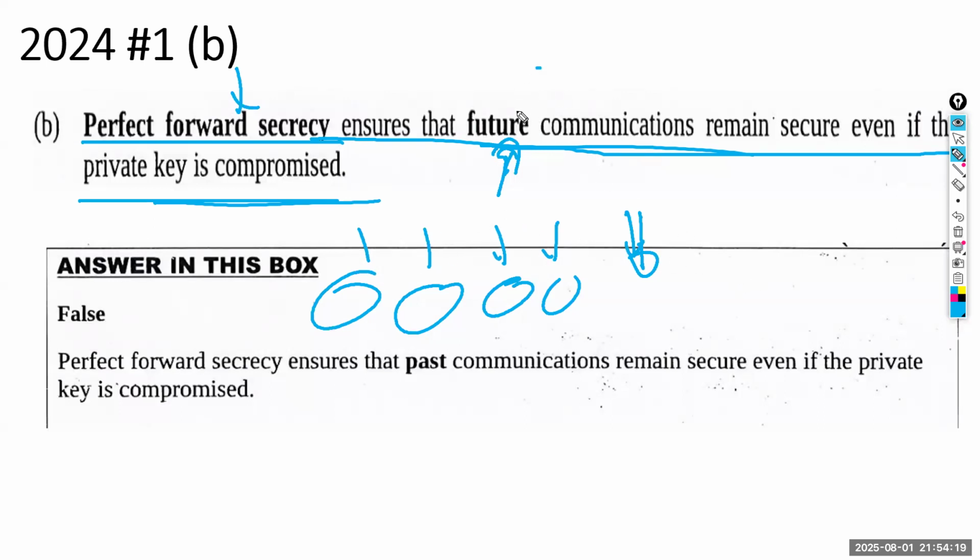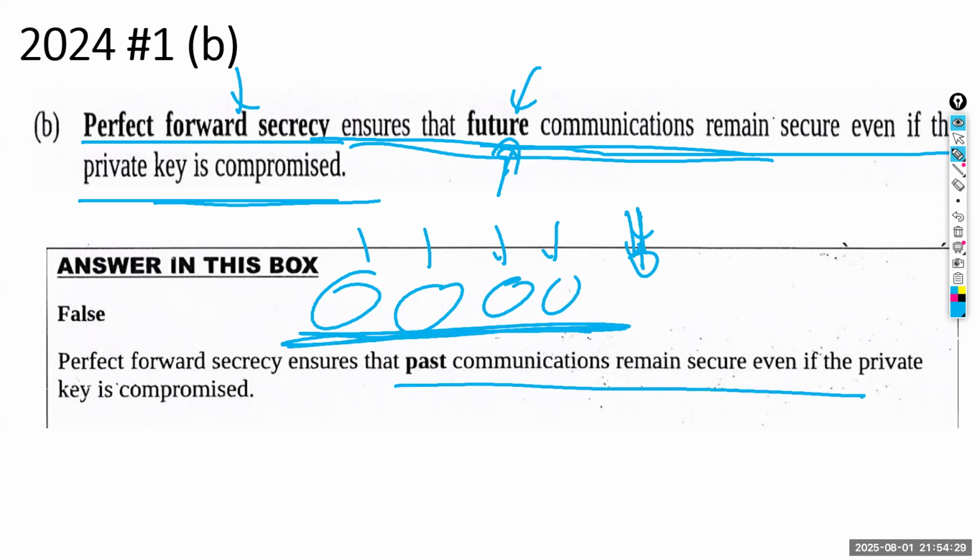Technically this is also correct, but it's not the proper definition. Past communication remains secure. So therefore, the examiner has taken it as false. I thought this is also correct, but the examiner has gone for the exact definition of perfect forward secrecy.